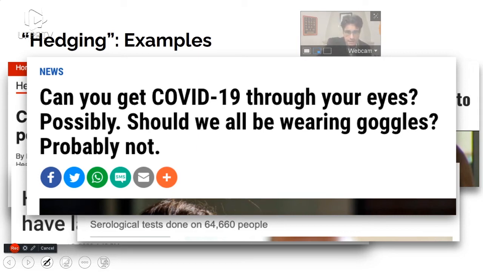They can't say yes because they weren't sure yet, so it's definitely a possibility. Then they asked, should we all be wearing goggles? Probably not. It would be totally irresponsible for them to say no, because that would implicitly encourage people not to worry about it, but maybe it is something to be worried about. So they very appropriately hedge, using these two hedges here, "possibly" and "probably."